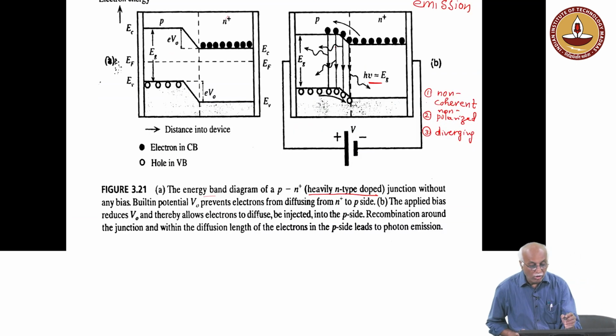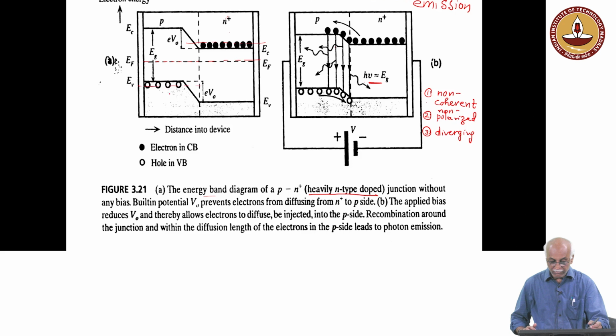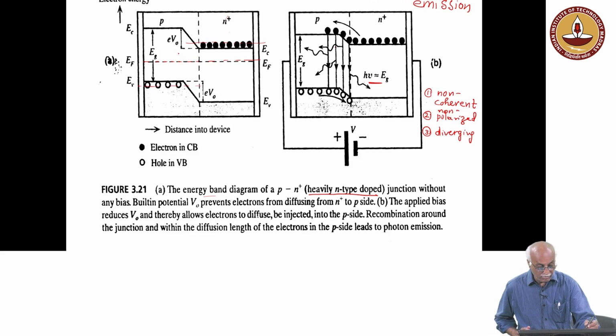Let us say the Fermi level is here, shown over here. But when it is heavily doped, when n is quite large, this Fermi level will shift to this, and when p is also very large, the Fermi level will shift this way. They are so much heavily doped that these levels will shift like this.